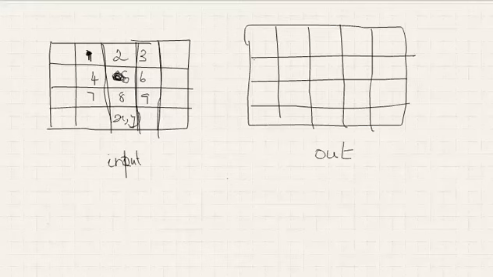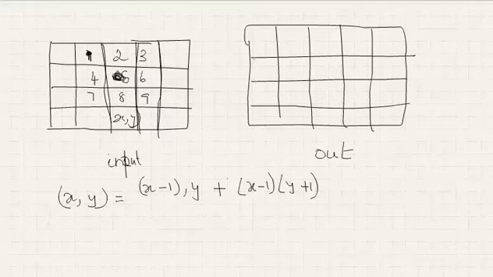So you figure out those 8 neighbors. If I have x comma y as my pixel, I want you to take x minus 1 comma y, that's 1 pixel, plus x minus 1, y plus 1, that is another pixel, right?